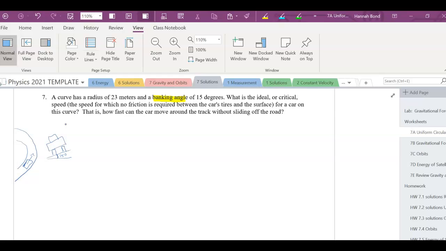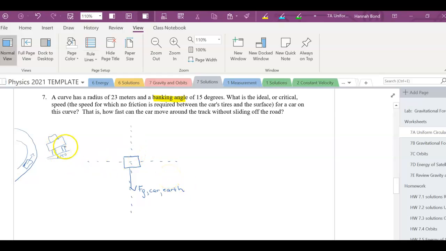When they do this, there's actually a normal force. The normal force that the road is exerting on the car helps to keep the car moving in that circle. Let's do a force diagram so that we can see what forces are there. So I'm just going to do a simple force diagram for this car. There's going to be a gravitational force on the car that's being exerted by the Earth.